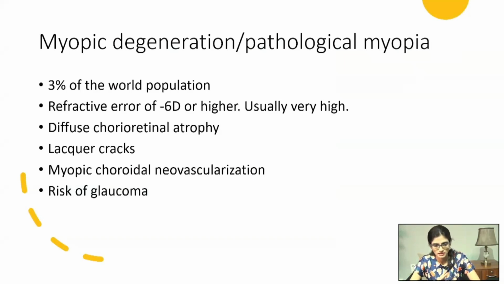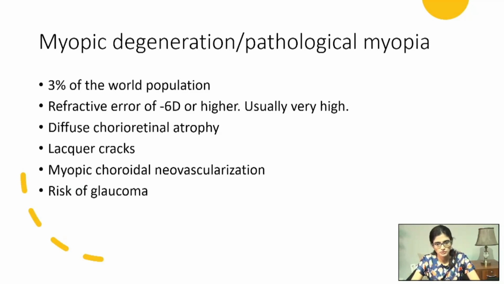The myopia itself is very high usually in these patients because the eye keeps on growing. Their refractive error is by definition generally beyond -6 diopters, but pathological myopias generally have like -12, -15, -19, things like that, and they may not have a correctable vision of 6/6.